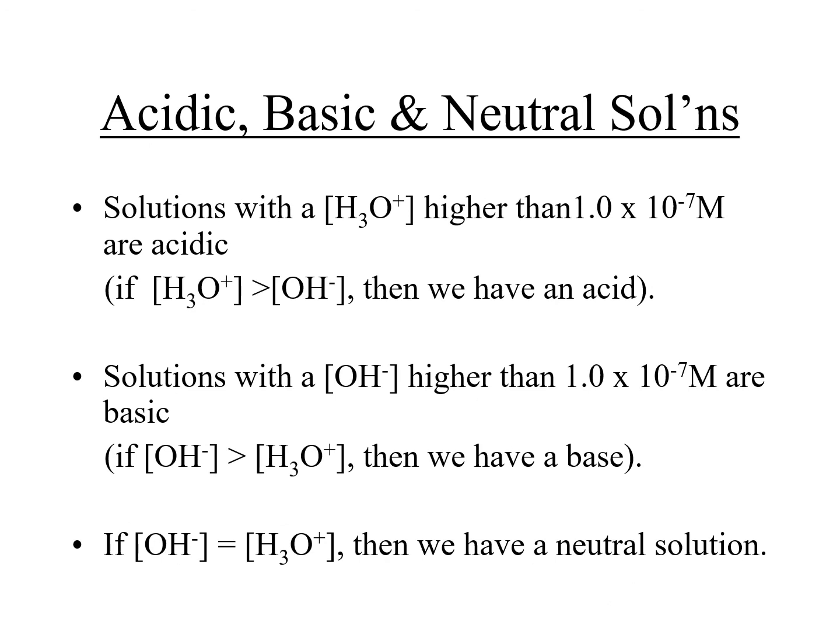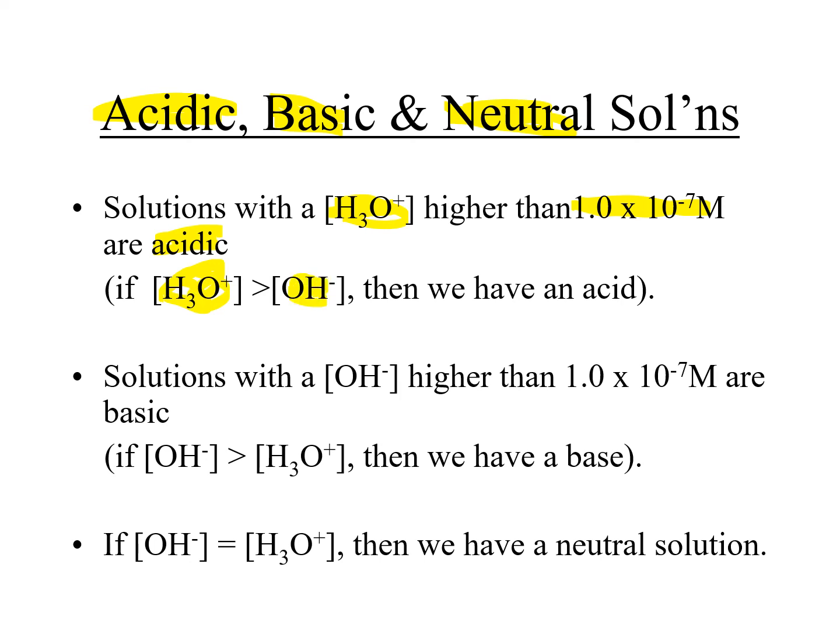The quantity of hydronium ions compared to hydroxide ions is how we can determine if we have an acid or a base. If the quantities happen to be equal to each other, we're going to have a neutral solution. So solutions with the hydronium ion concentration greater than 1 times 10 to the negative 7th molarity are acidic, meaning that the concentration of hydronium ions is greater than hydroxide ions.